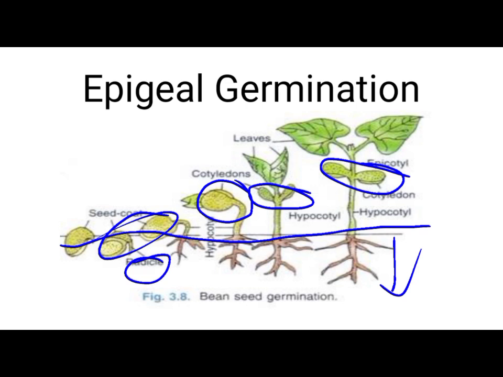Then for epigeal germination, cotyledons will turn green, which means they can photosynthesize, while in hypogeal germination, cotyledons do not photosynthesize. In epigeal germination, the food or energy will be derived from the cotyledon, and in hypogeal germination, food or energy will be derived from the endosperm.